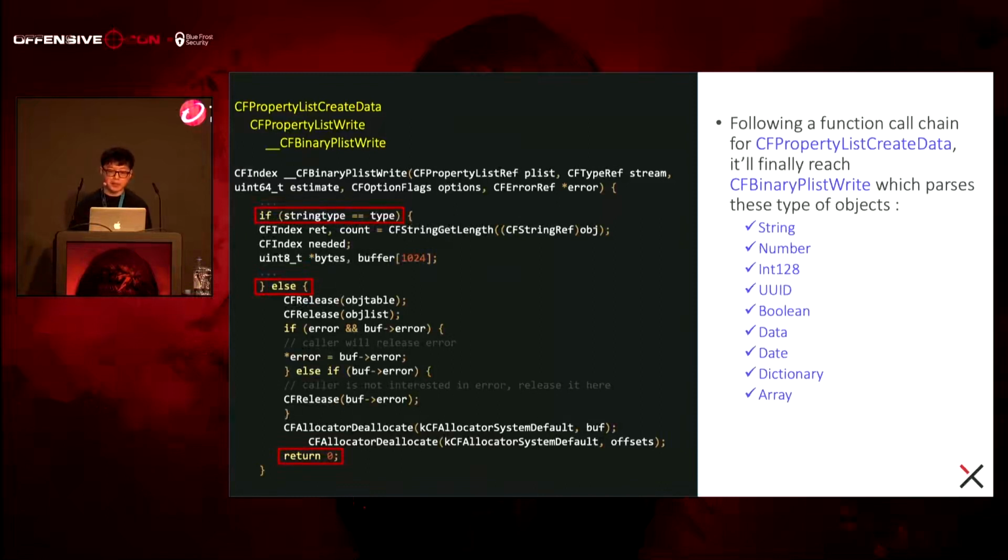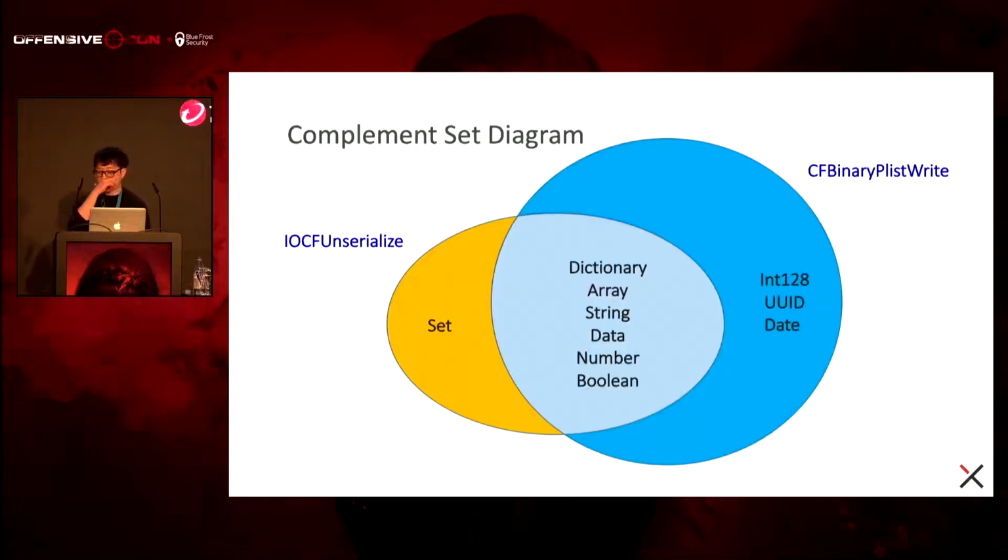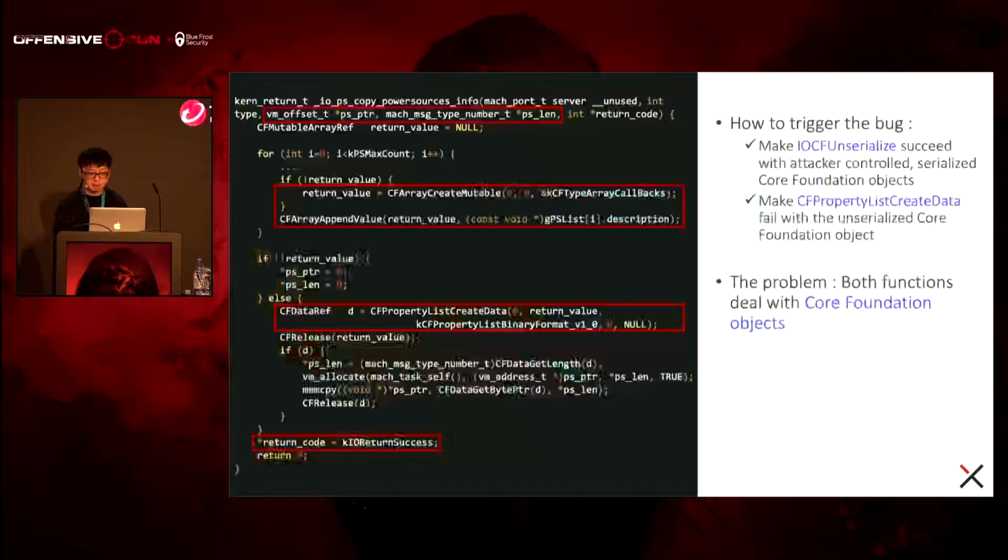This function eventually calls through a chain of function calls until it reaches CF binary plist write, which accepts these kinds of objects. If you draw a set diagram of the two functions, you can realize there's exactly one core foundation object that's unserializable in IOCF unserialize, but not processed by CF binary plist write, which is a core foundation set object on the leftmost side.